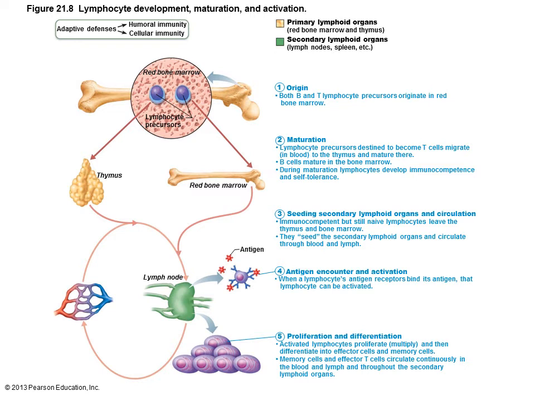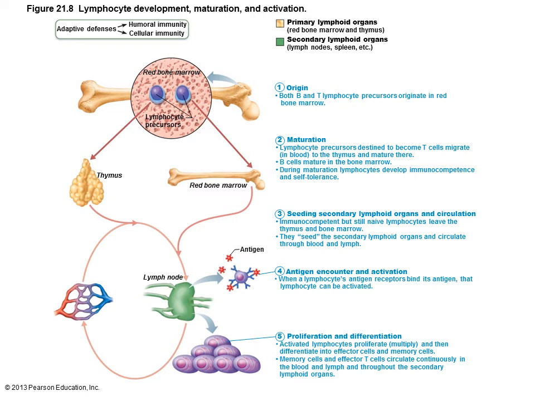Lymphocytes normally originate as precursors of B cells and T cells in red bone marrow, and they migrate either into the thymus or some stay in red bone marrow. B cells develop in red bone marrow and T cells mature in the thymus.